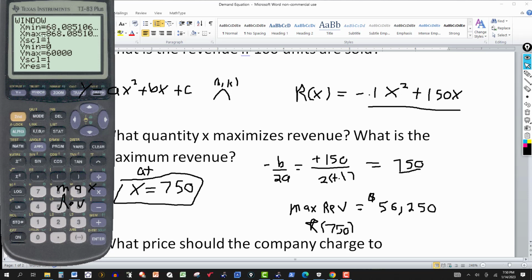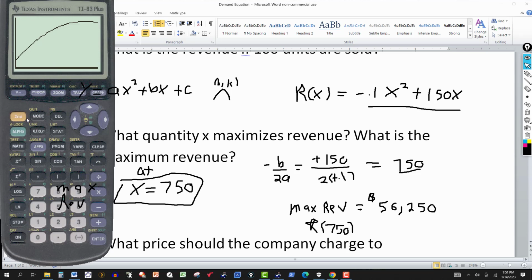I have my x window set and the y maximum from 0 to 60. And the parabola looks something like this. I have it set to fit.